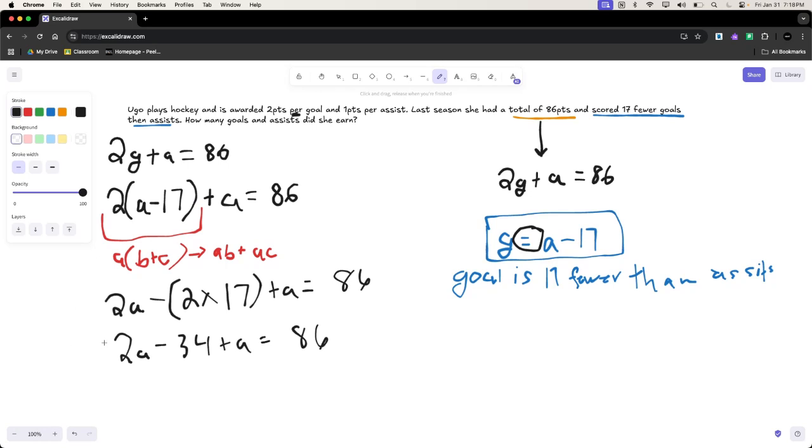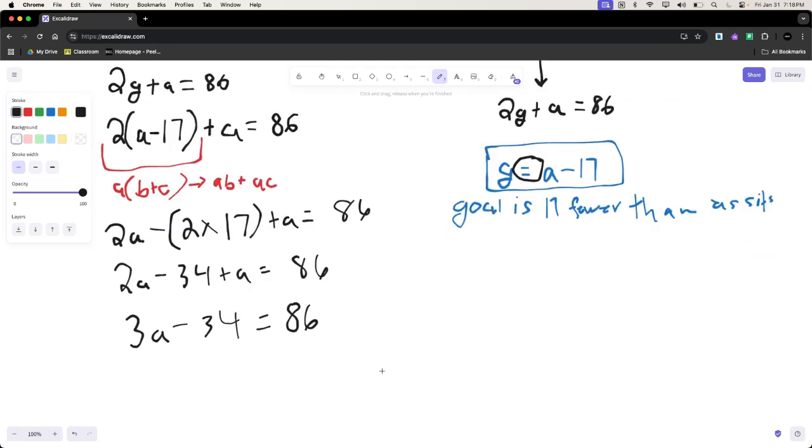The like terms I see here are this 2a and this a. These two have the like term of the variable a. So we can just add these two together and get 3a minus 34, which equals 86. Okay, let me just make that a bit bigger. Now as you can see, it's much more easier to use this equation because now it's been completely simplified.